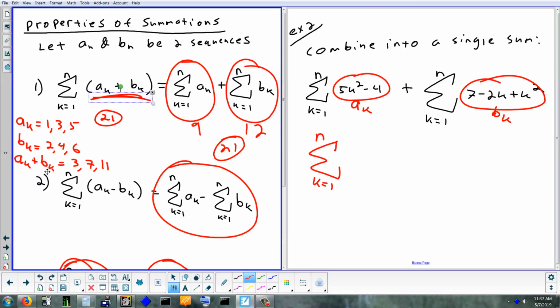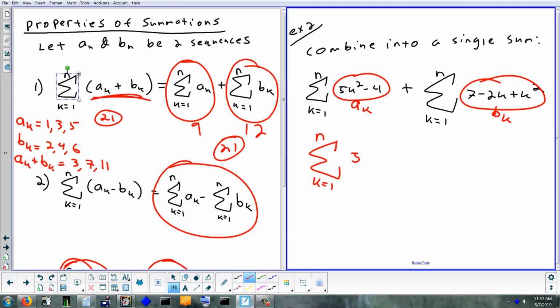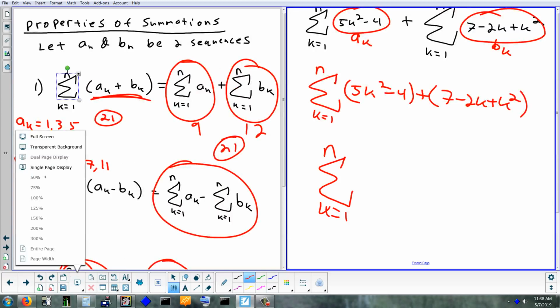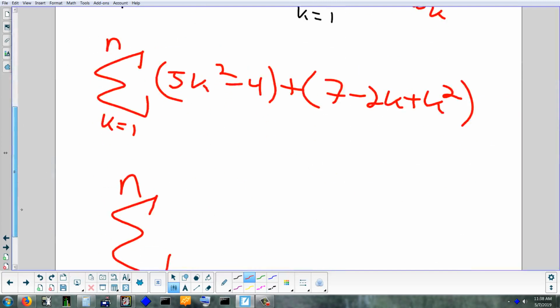Put the two things that I circled in red, add those together inside the same sum. So you get 5k squared minus 4 plus 7 minus 2k plus k squared. And then it just becomes a matter of combining like terms. So if I combine all my like terms together, what would I get?